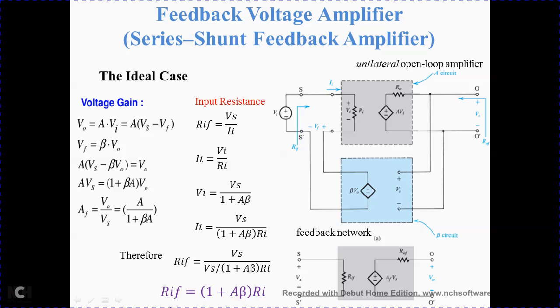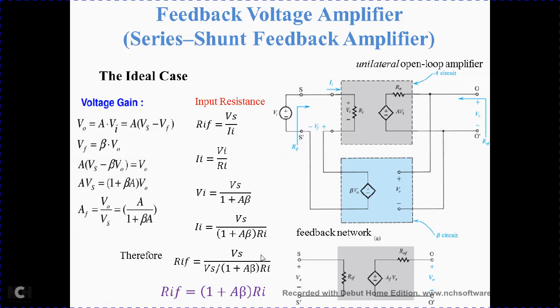That tells you the input impedance of a voltage amplifier is high and the output impedance is low. We will derive the equation for this. The input resistance being high is one of the advantages of having feedback.